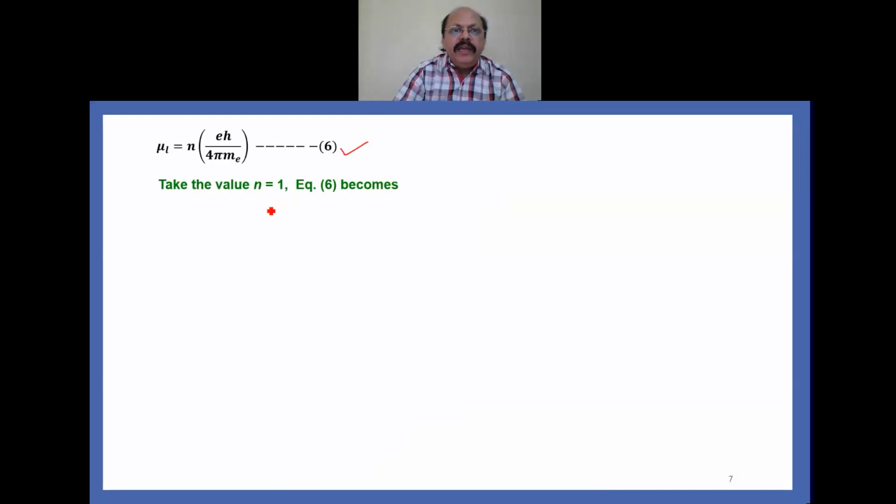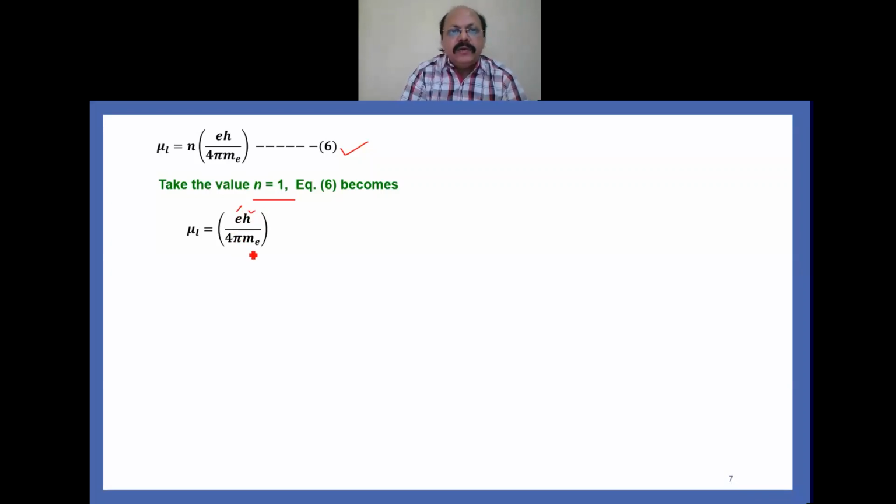Now if n equal to 1, then equation 6 becomes mu L equal to eh upon 4 pi me. This is the least value of orbital magnetic dipole moment, where e is constant, h is constant, 4 pi is constant, me is also constant.